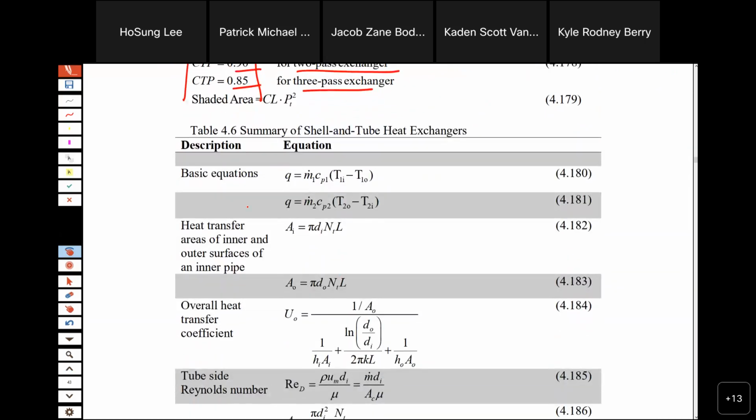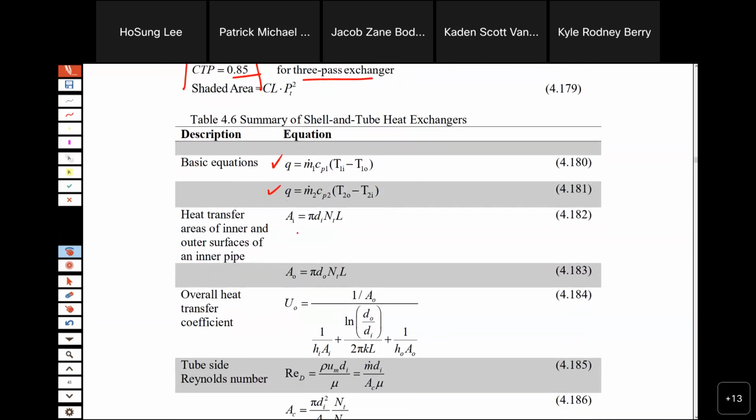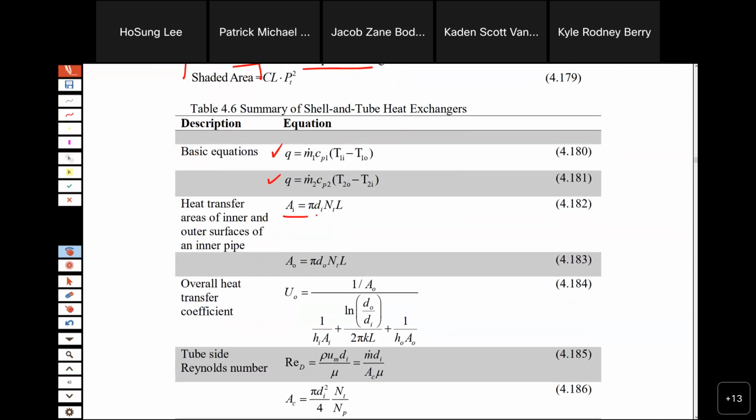So once we have that, otherwise, the fundamental equations: hot, cold, and the heat transfer area is pi, inner side, DI times L times the number of tubes.